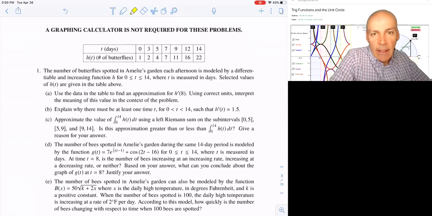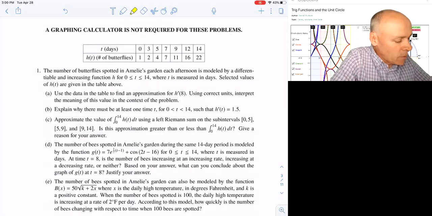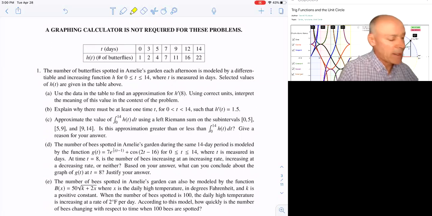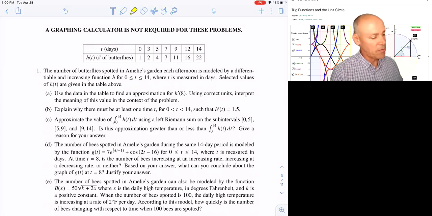We're given a data table that has the first row as days, time in days, and then the second row is H of T, which represents the number of butterflies for a particular day. The number of butterflies spotted in Amelie's garden each afternoon is modeled by a differentiable and increasing function.